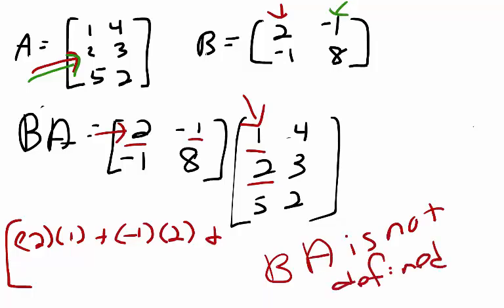And this brings us to an important point when we're working with matrices. Unlike multiplication when we're doing general arithmetic or basic algebra, matrix multiplication is not commutative.